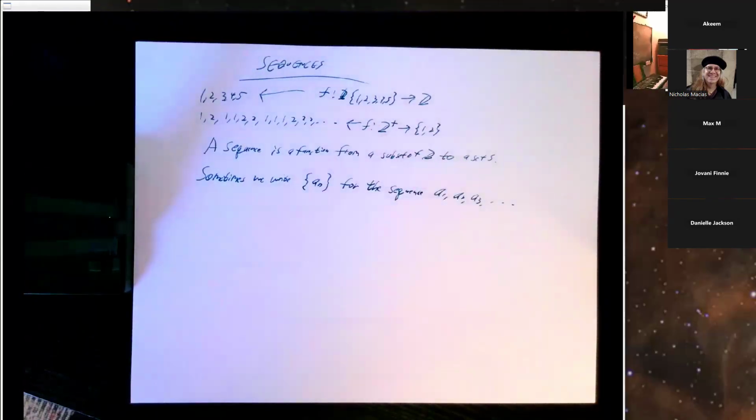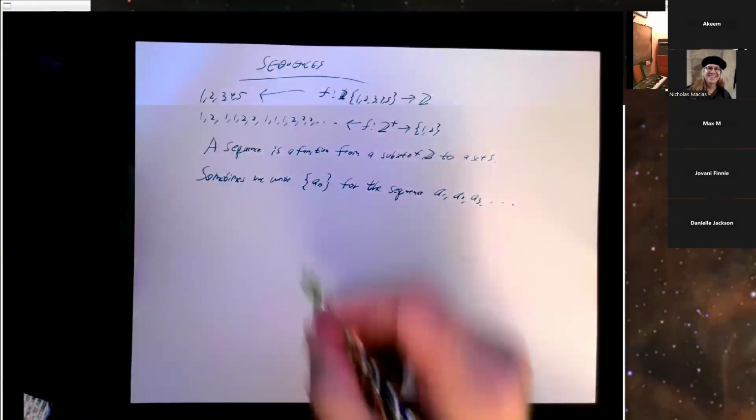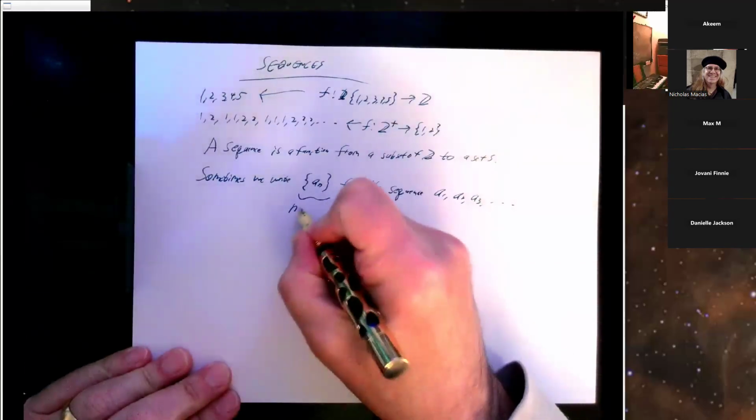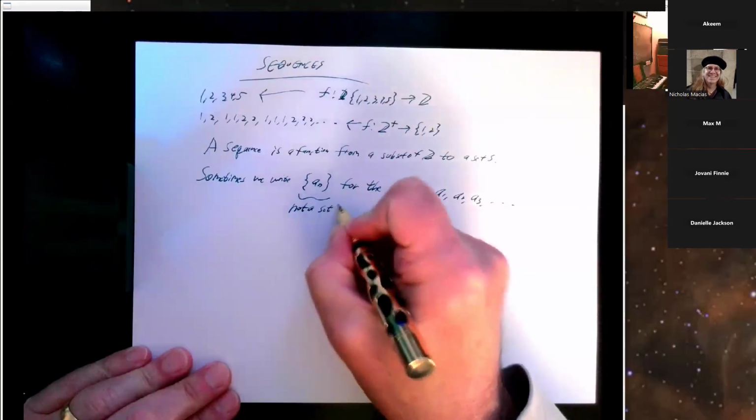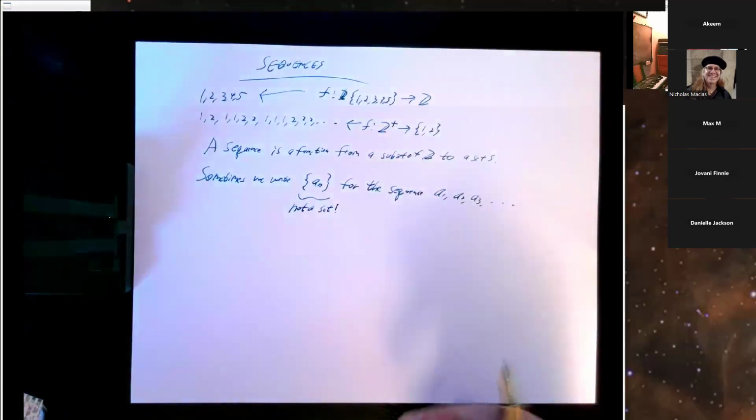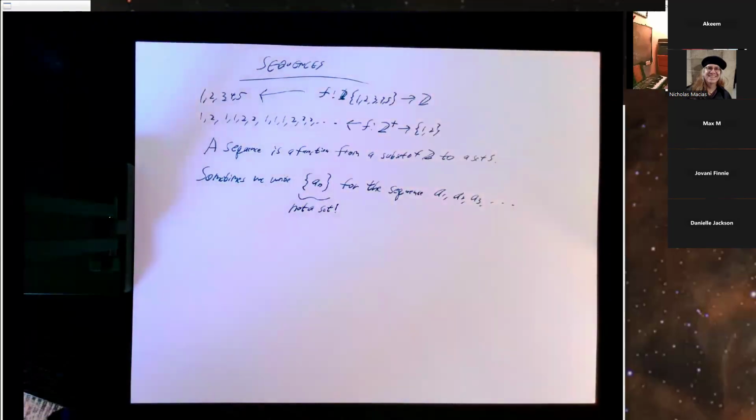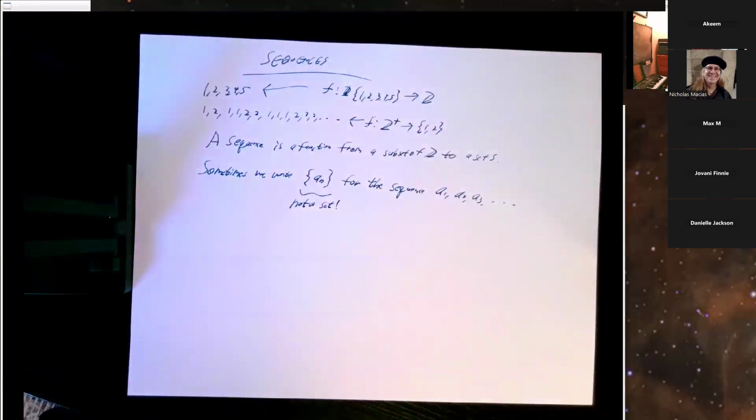It's a reuse of the notation of curly brackets. So this is not a set. We only have so many symbols, and so we reuse them for different things. Up to now, curly brackets meant we were listing a set, but here curly brackets mean a sequence.